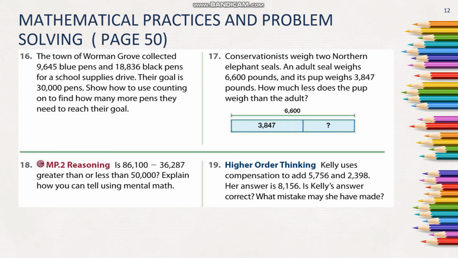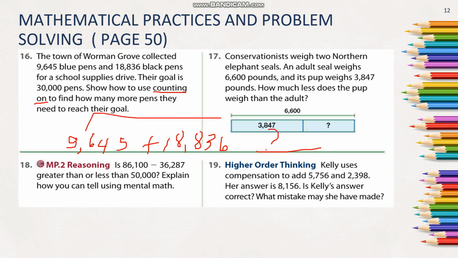In order to answer this question using the counting on strategy, I need to add 9,645 to 18,836. And the missing number, if you add all of this, the total is 30,000.